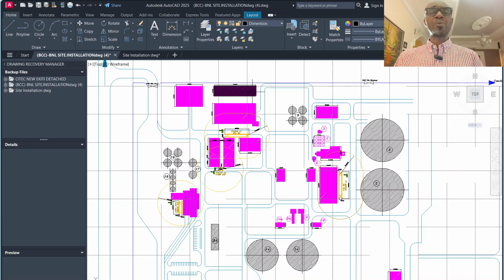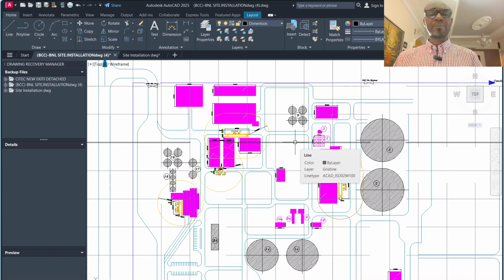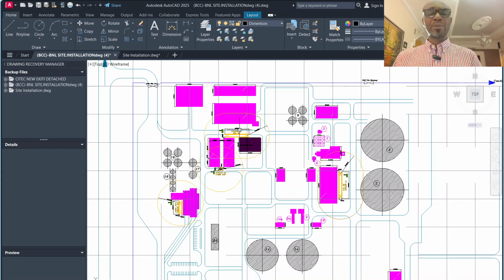What that drawing will help him do is to know where he will site some of his plants and how he's going to run his cable, run his water and all of that to make the site a coherent unit.